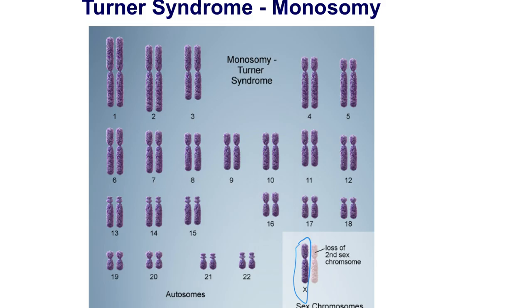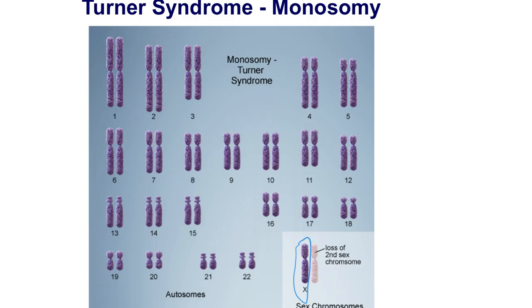Turner syndrome. If you have Turner syndrome, you only have one X chromosome. So you are a female because you're totally missing the Y, but you're missing an X chromosome. You're going to be infertile unless you get estrogen supplements, the female hormone.